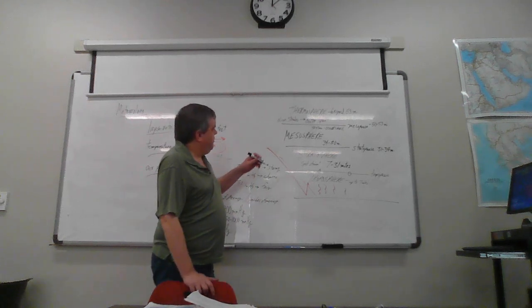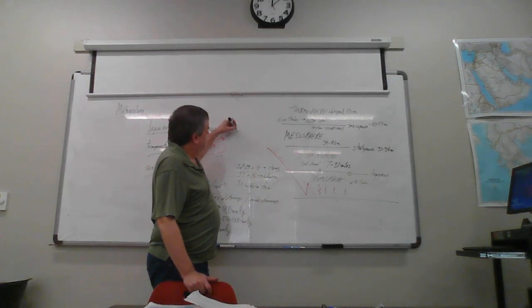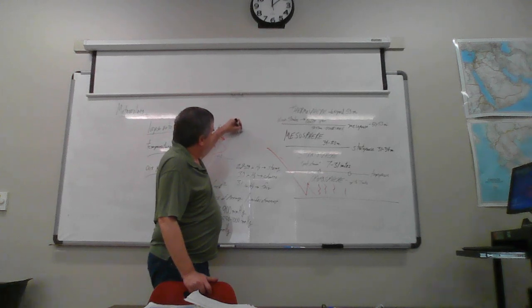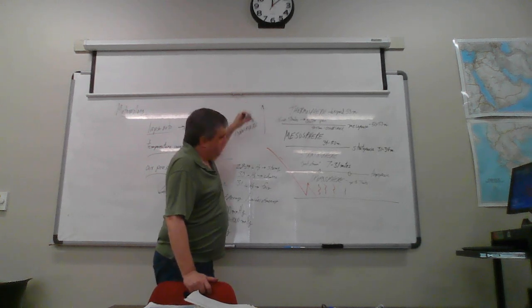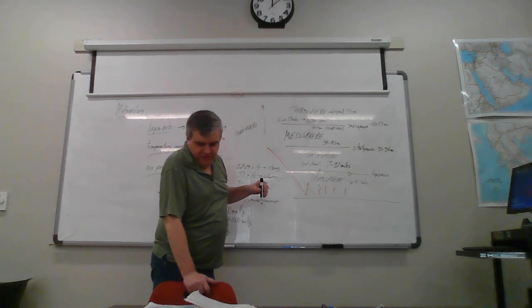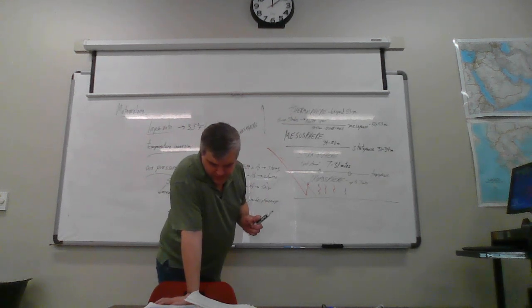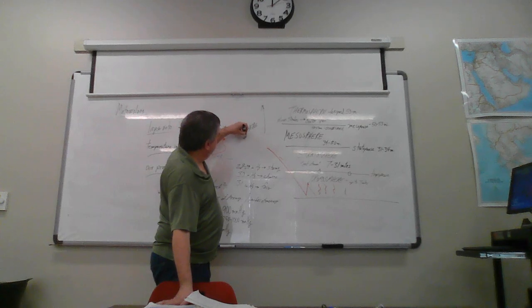Now there are a couple of other layers of the atmosphere that kind of go along here. One is the ionosphere. It mixes with the mesosphere and the thermosphere, but it is generally of 34 miles.